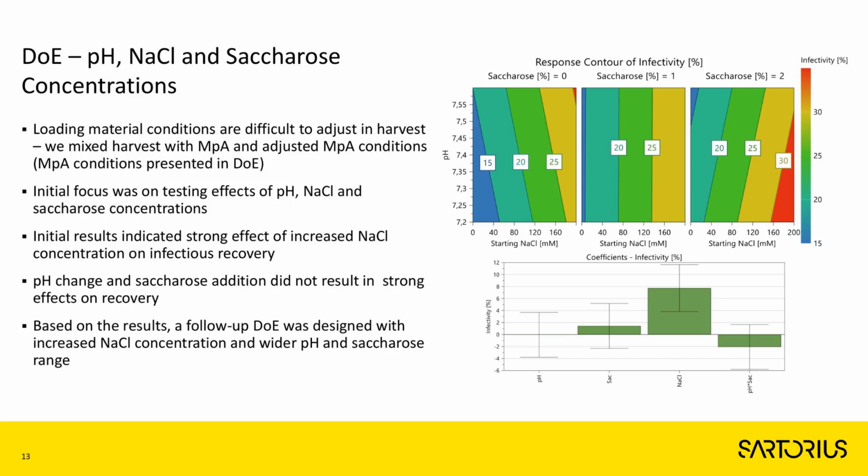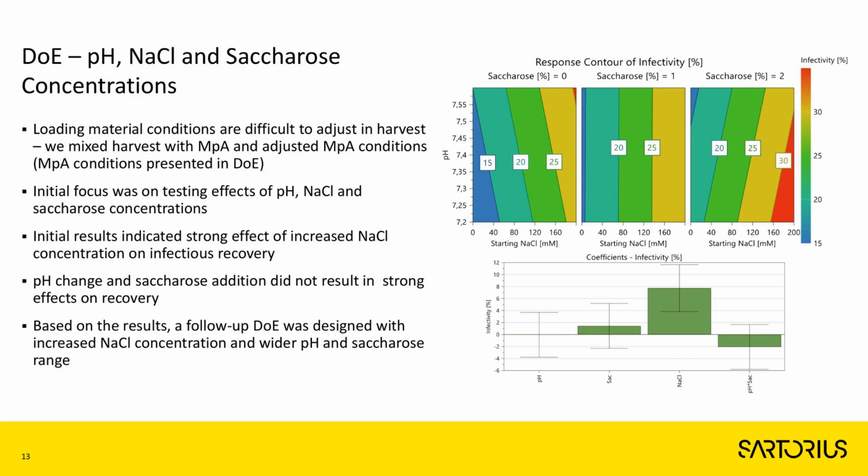So if we look at the initial results, as mentioned, we looked at first at the pH, the saccharose, and the NaCl effect. And if we look at the coefficients at the bottom right, we can see that of the three parameters, the NaCl seemed to be the most important when determining the recovery in the downstream process.